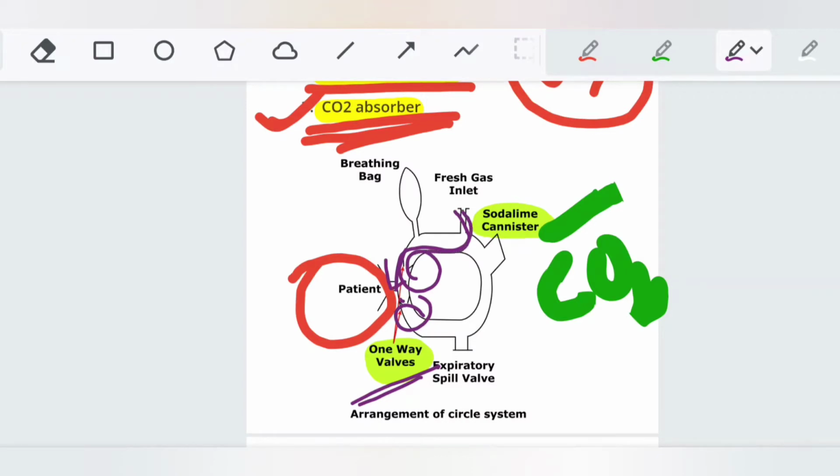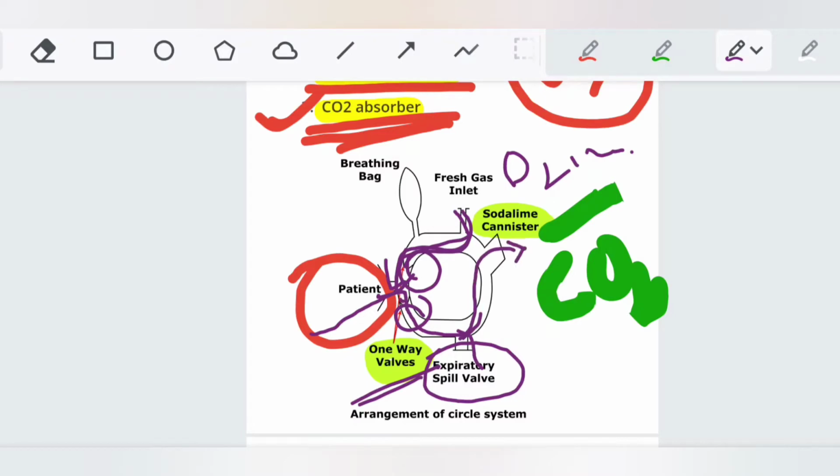Fresh gas, that is O2 and other anesthetic gas, will enter and go in this direction to the patient, and the CO2 exhaled from the patient will go in this direction. Here is the expiratory valve. The remaining part will be absorbed by the CO2 absorber. So the direction of flow will be unidirectional.